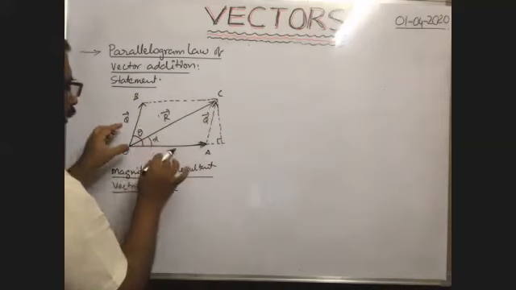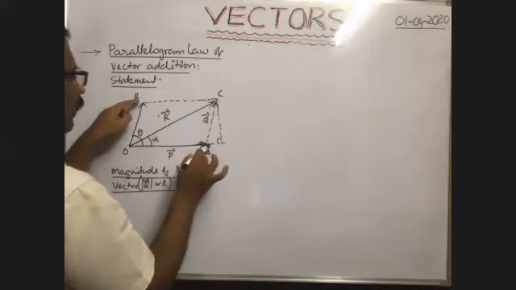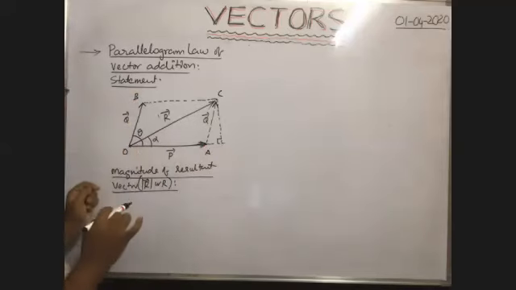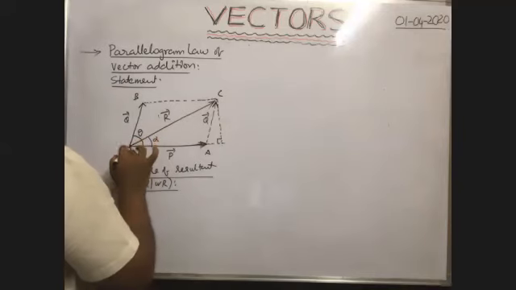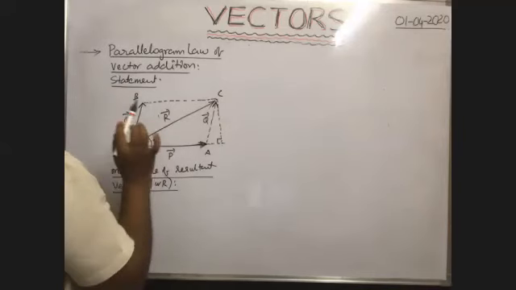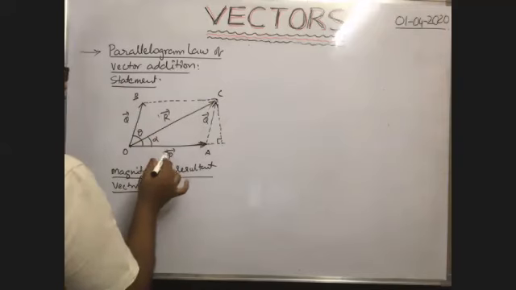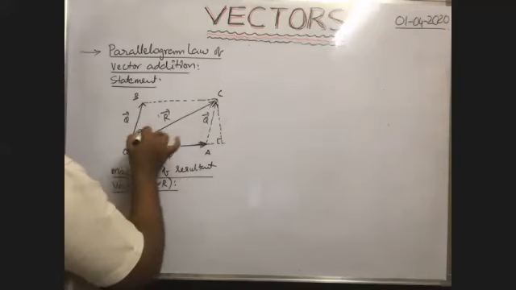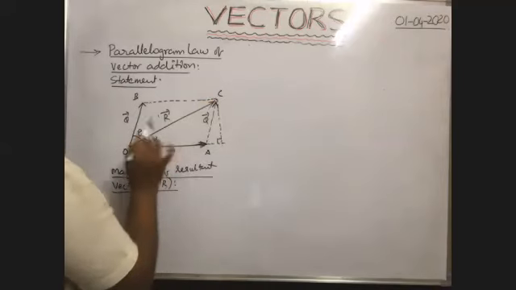The diagonal of the parallelogram passing through the same point gives the resultant of these two vectors, both in magnitude and direction. The magnitude of the resultant is given by the length of this diagonal. The direction is also given by this only, that is equal to alpha.